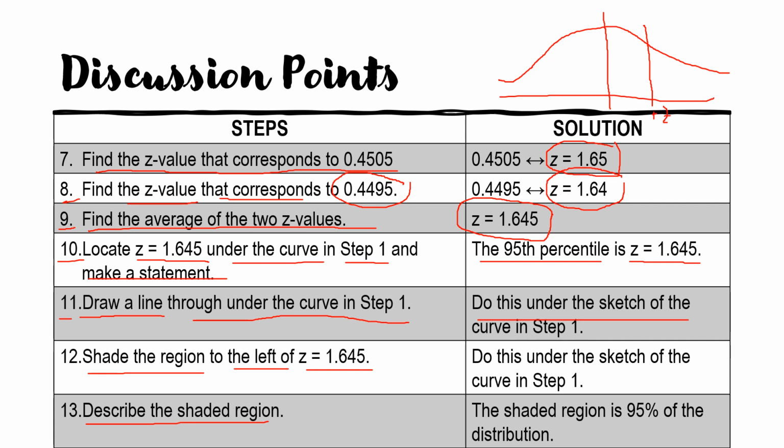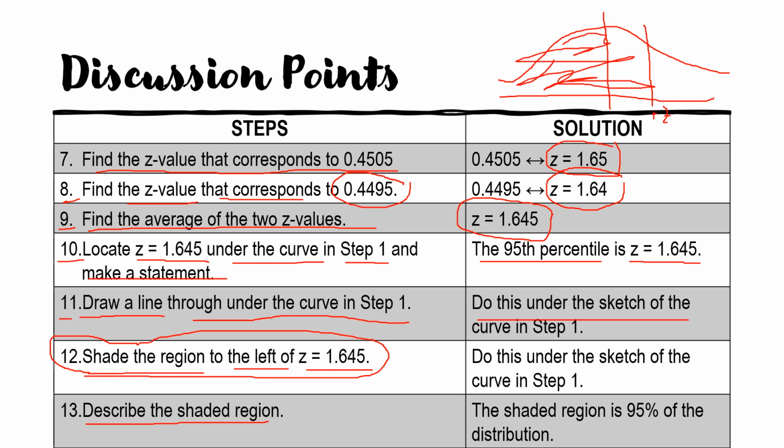So shade the region to the left of positive 1.645. Meaning we're considering this area. This entire area to the left of your positive z will be considered because it's being stated that we need to shade the region to the left of z equal to 1.645.